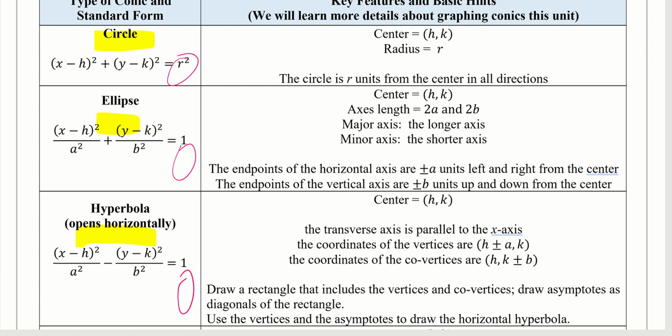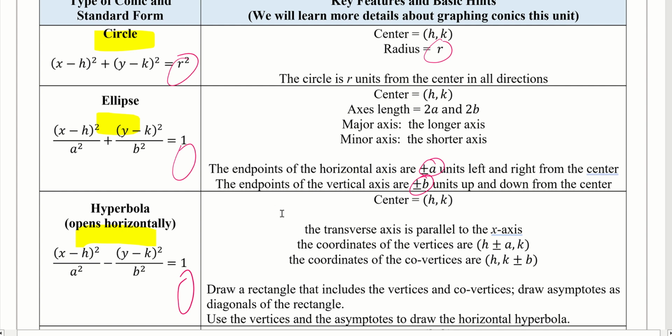Some of the things that you'll read here, you should really pause the video and look into. Here the radius is going to be the same, whereas in this case A and B would be a little bit different for the ellipse. Same thing for the hyperbola.